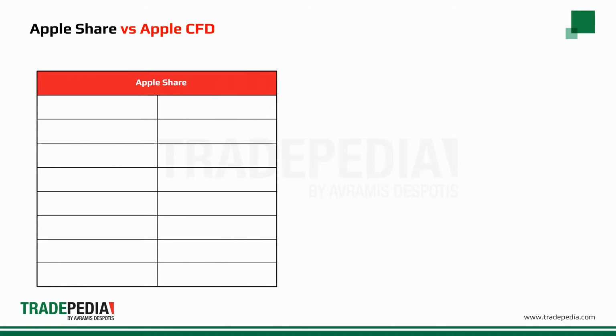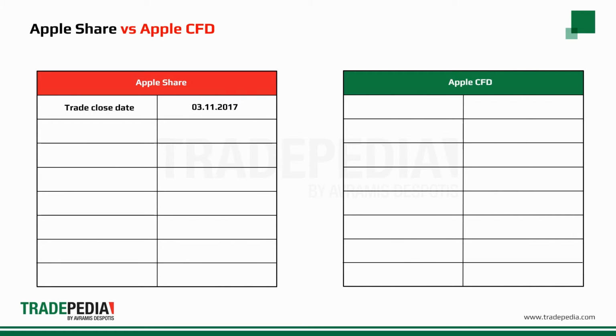Let's see what happens when we close the position after 5 days on the 3rd of November 2017. The Apple share price has gone up to $174. The value of our position equals 10 times 174 equals $1,740. With a minimum commission rate of $15 per transaction, we would be charged $15.